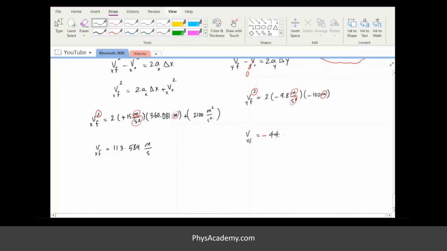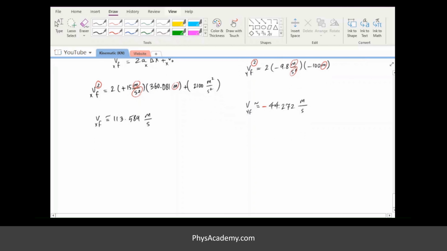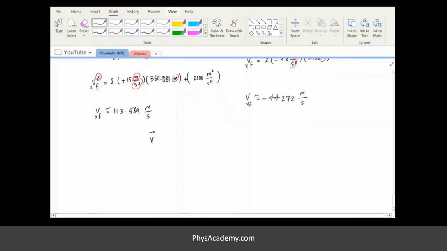Again, we found this negative sign of the velocity by analyzing the physics of the problem. Now, let's put both of these values together as a vector.